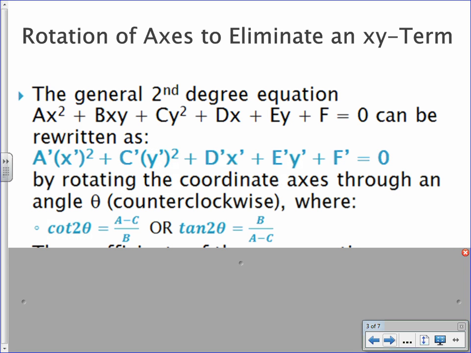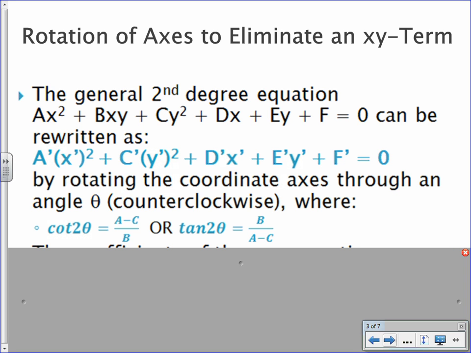I do not care which one of these you use. If you are more comfortable thinking about tangent, you can use tangent of 2 theta equals b over a minus c. If you don't care, cotangent of 2 theta equals a minus c over b. It doesn't matter which one you use, but you got to remember one. This is how we are going to determine which angle we're going to rotate our axes.